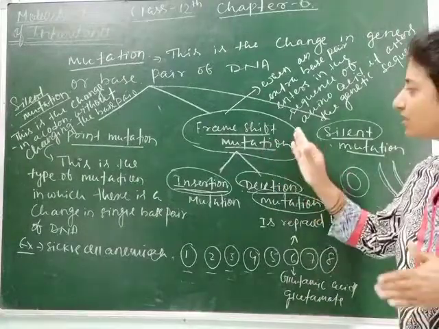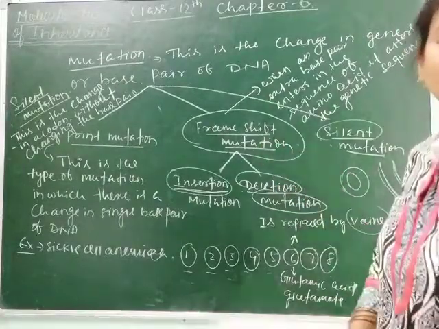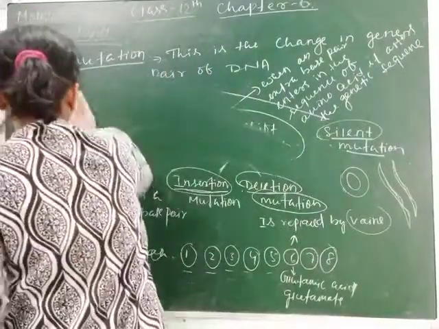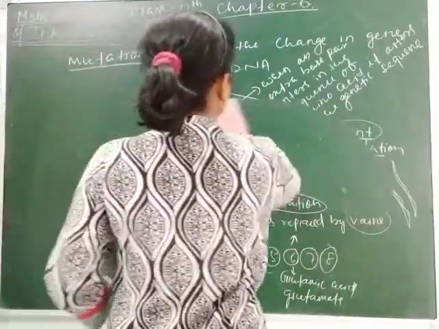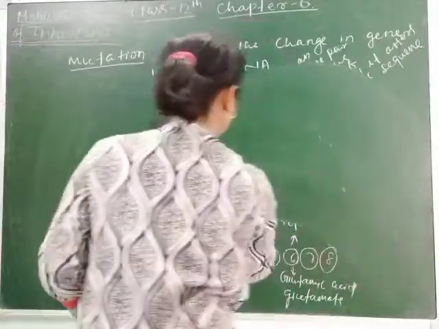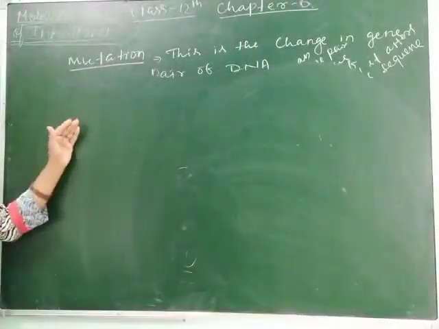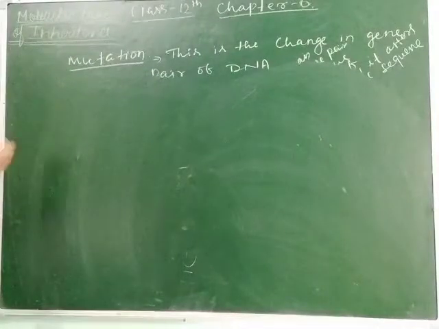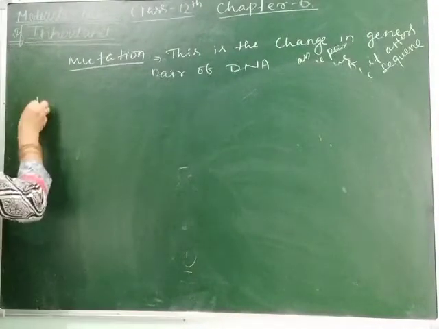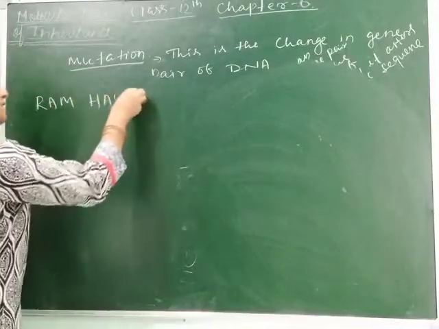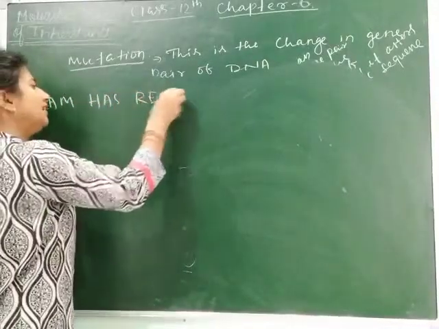Now let's understand frame shift mutation through an example. Suppose, how can this change the gene? Take the example of Ram has red cap. Ram has red cap.